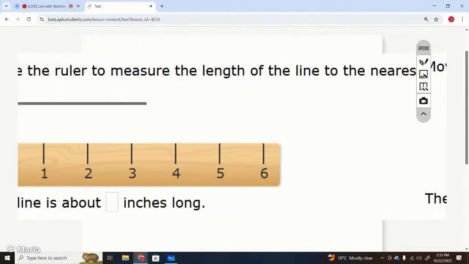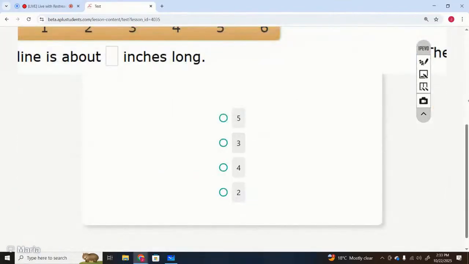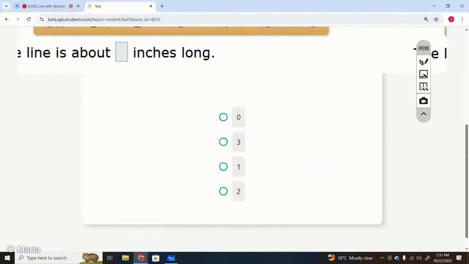Use the ruler to measure the length of the line to the nearest inch. I think 3 inches long it is. The correct option is 3 inches.